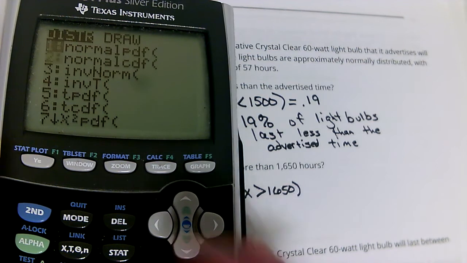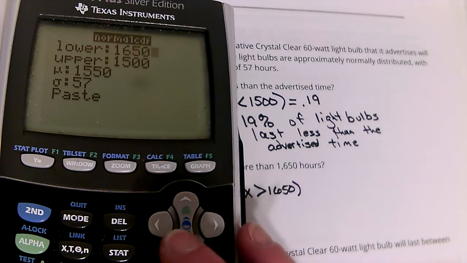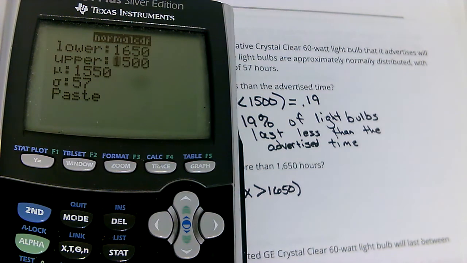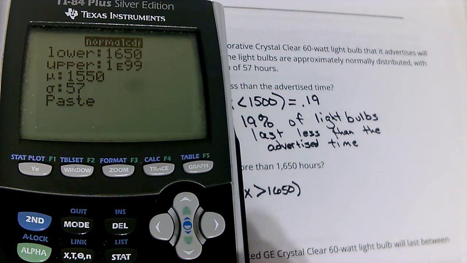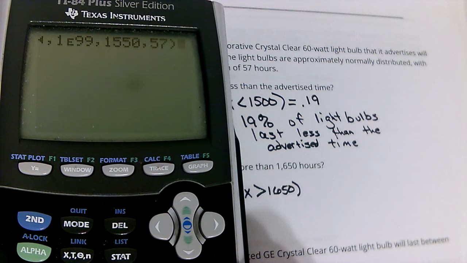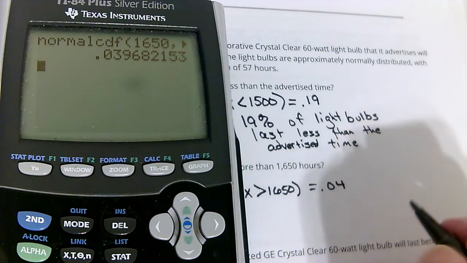In the distribution, normal CDF, the lower boundary would be 1650, and we would be doing positive infinity, which the calculator knows as 1E99. And I get 0.039, which is approximately 0.04.